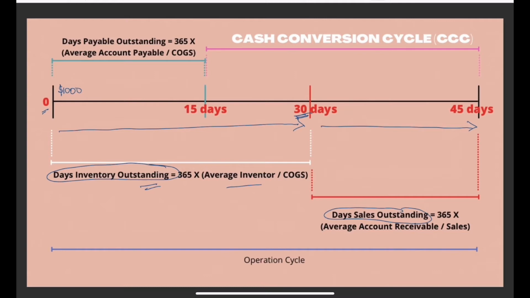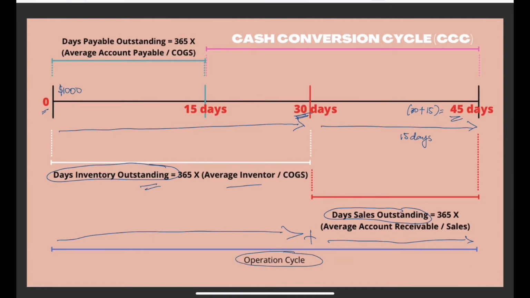So if you add together the days inventory outstanding and days sales outstanding, it's what we call the operating cycle. It is from the point of time you have paid for your supplies, converted them into a tangible product, sold it, and eventually converted it to cash.